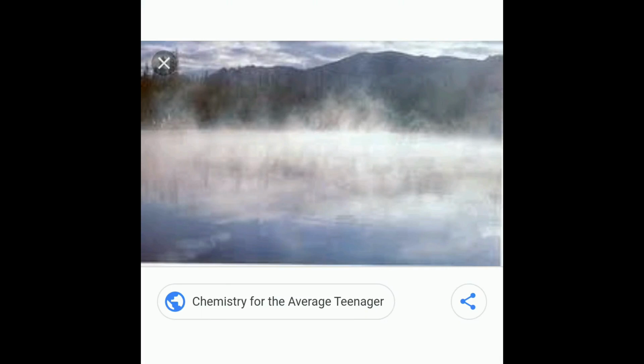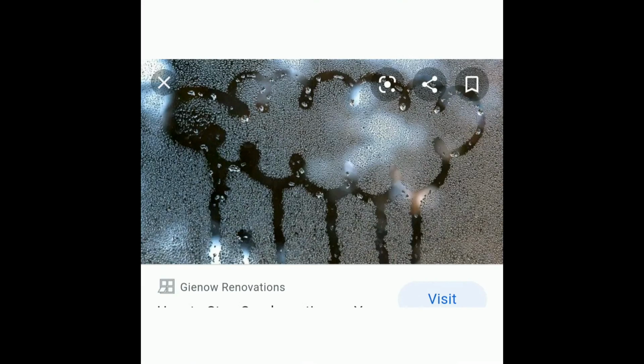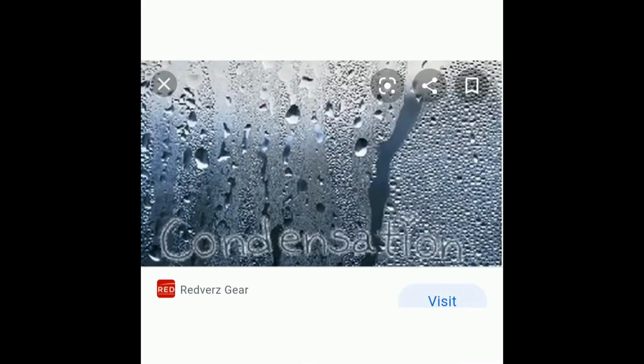Then water vapor releases heat, cools and becomes water again. That is, a gas cools down and becomes liquid. This process is called condensation. These are the two processes that lead to rain.